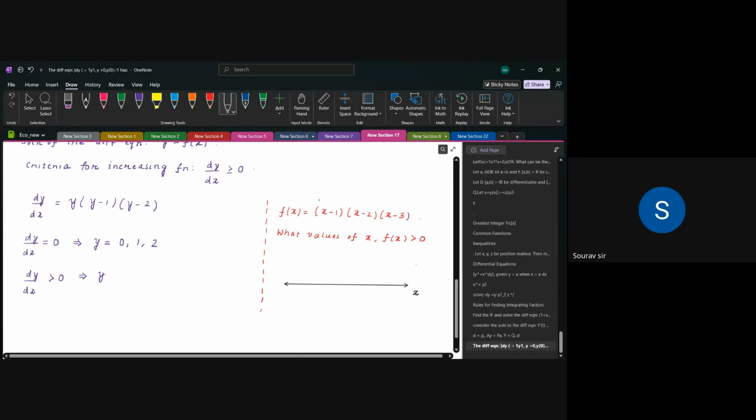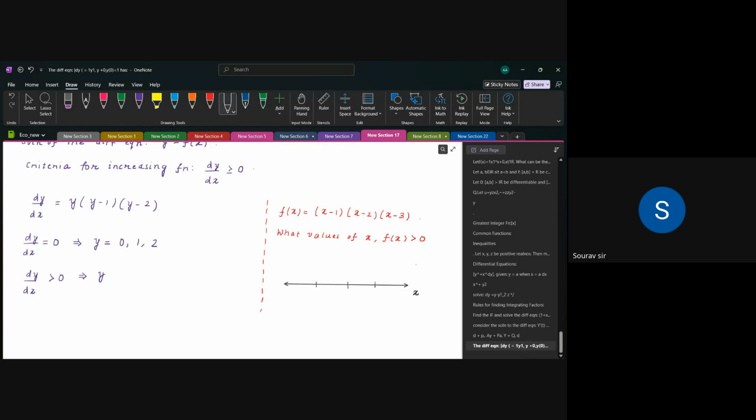And you can then plot the values of x for which f(x) is equal to 0, which is 1, 2, and 3. So these three values at which f(x) is equal to 0 split the entire real number line into 4 parts.